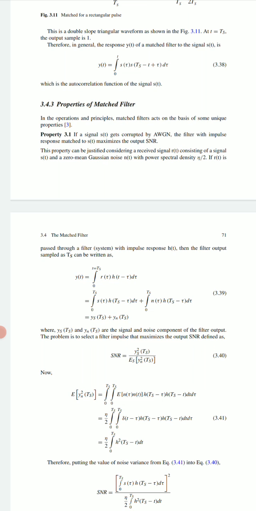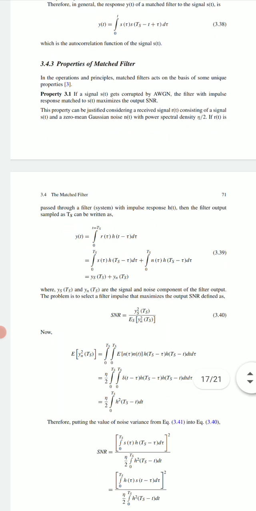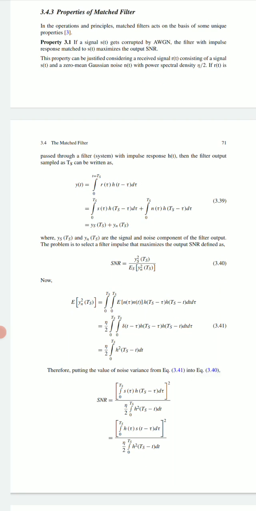That equals the integral from 0 to Ts of s(tau) h(Ts - tau) d tau plus the integral from 0 to Ts of n(tau) h(Ts - tau) d tau. So y(Ts) = ys(Ts) + yn(Ts), where ys(Ts) and yn(Ts) are the signal and noise components of the filter output.